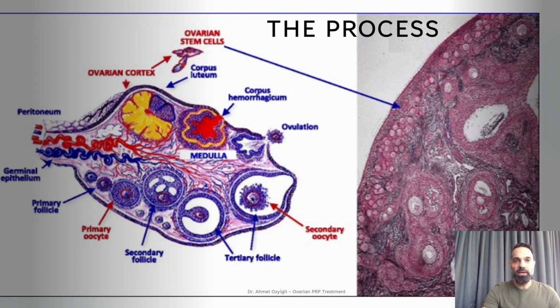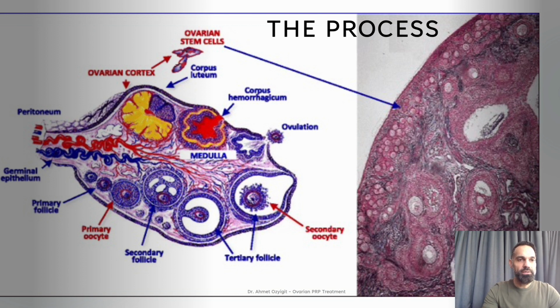Okay, so let's talk about the process. This is a cross-section of an ovary, and it shows us the inner part of the ovary, which is called the medulla, the outer layer, which is called the ovarian cortex, and the other structures and the follicles as they grow.